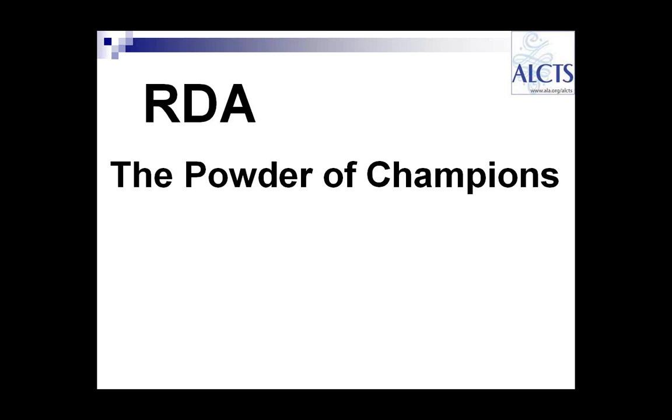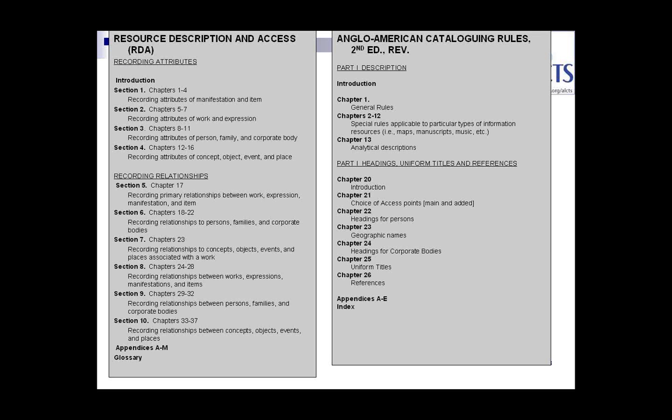No, I'm kidding. Let's look at some of the differences between RDA and the Anglo-American Cataloging Rules, the structure of the rules. If you look at the right side of your screen, you will see the basic organization of the Anglo-American Cataloging Rules. In Part 1, you have description, the first 13 chapters, and in Part 2, you have chapters 20 through 26, which deal with headings, uniform titles, and references.